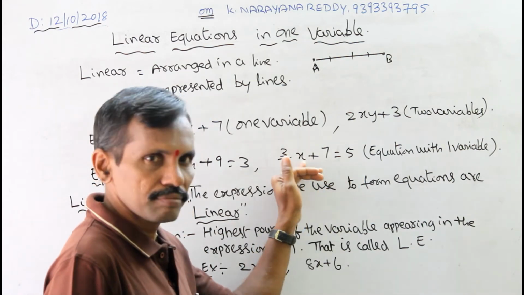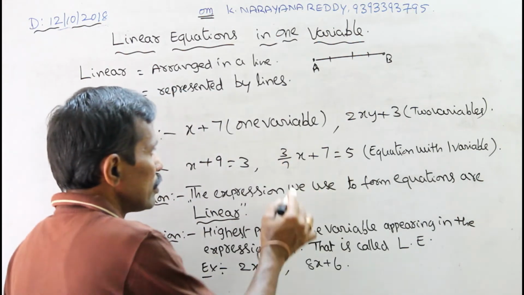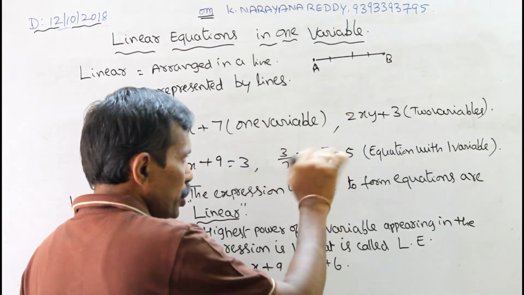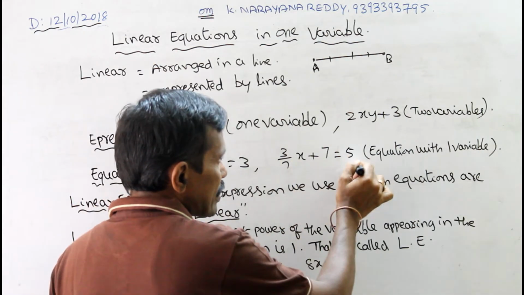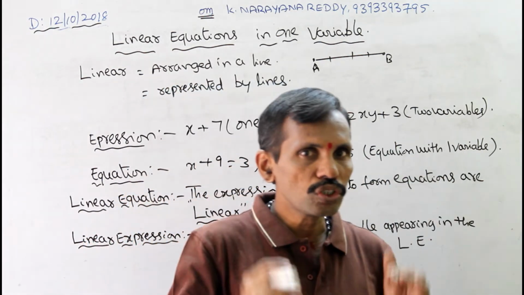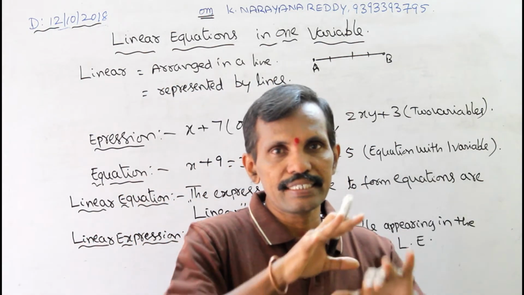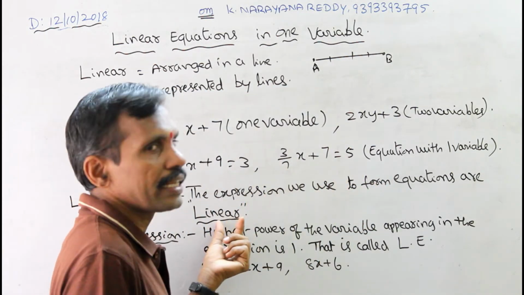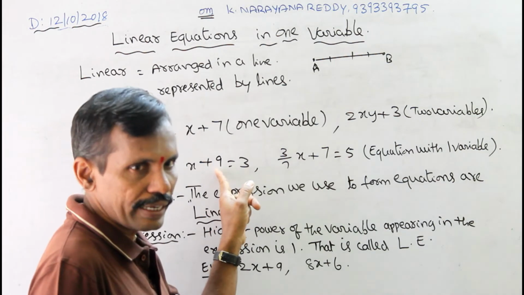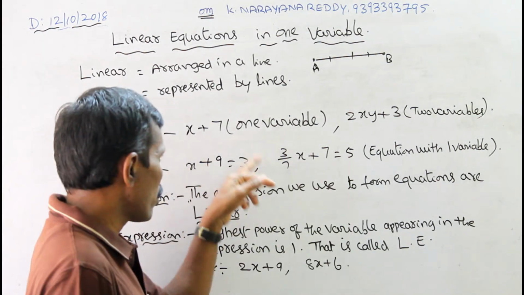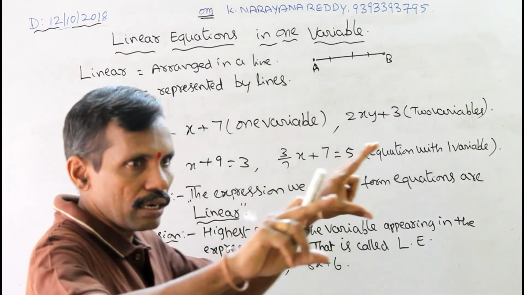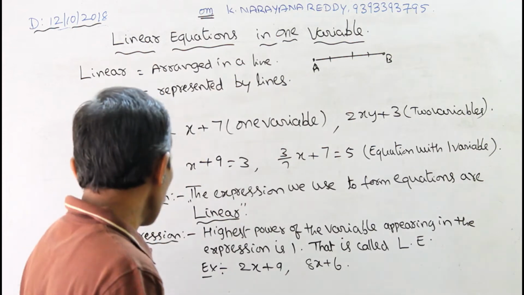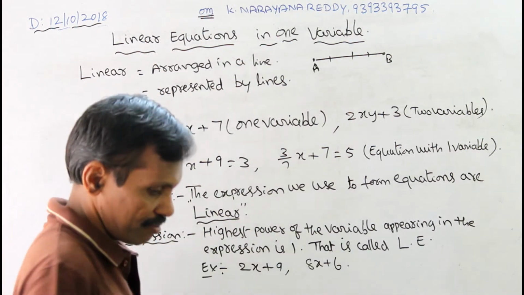Individually, the left side is an expression, and the right side is also an expression. Those are equated with an equal sign. That is an equation. So the expressions we use to form equations are linear, which forms a linear equation. Why? Because whenever you draw a graph, you get a straight line. That is linear.